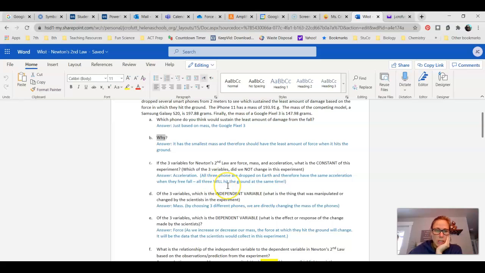All right, if the 3 variables for Newton's second law are force, mass, and acceleration, what is the constant of this experiment? The constant is the one thing that we don't change. We keep it the same in every trial and every test. If we are dropping them from the same spot every time, and we're dropping them all on Earth, so they're subjected to the same gravitational pull, then acceleration is what we keep the same every time.